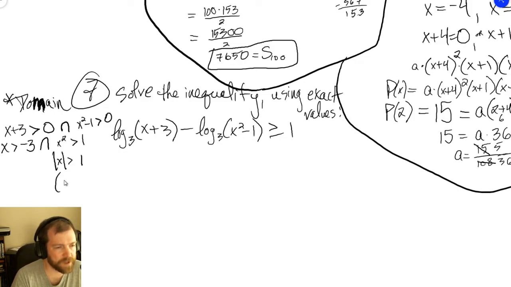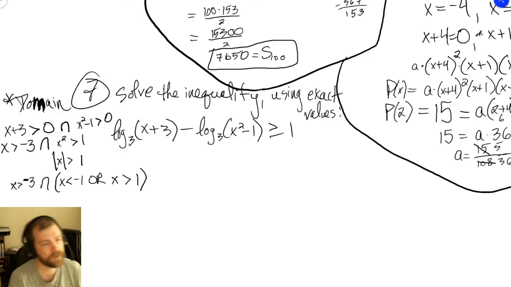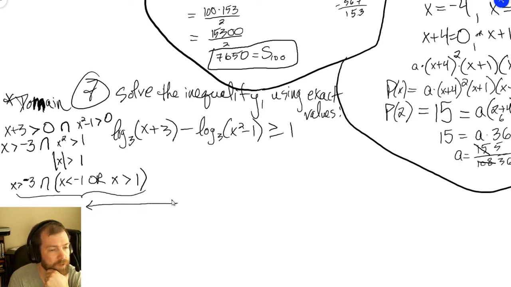So what does this mean? This means that x must be less than negative 1, or x must be greater than positive 1, intersected with, or and, x must be greater than negative 3. So what does that take for us? Well, this means that we're going to have a number line. X must be greater than negative 3, and we have negative 1 and positive 1 as the other possibilities here.